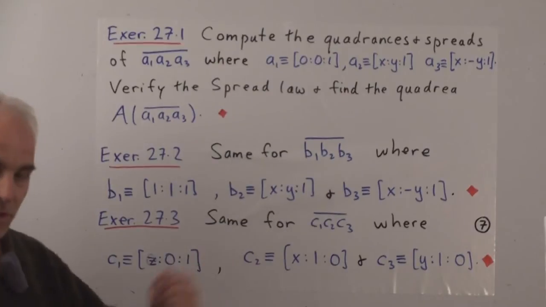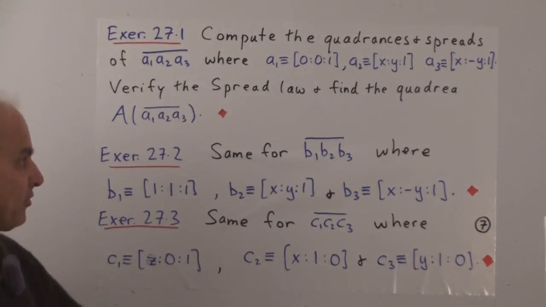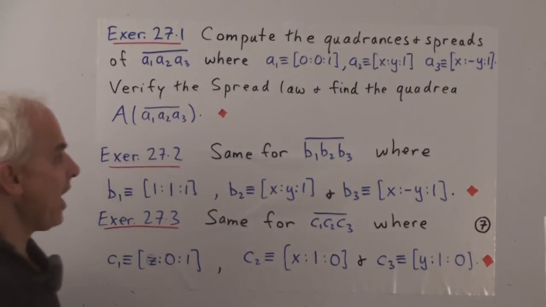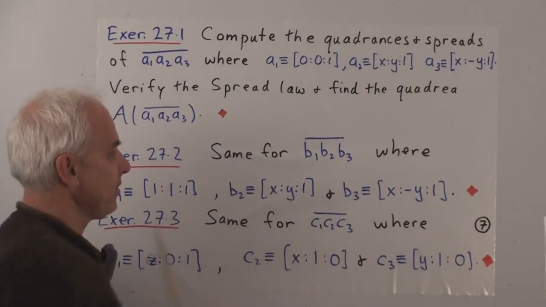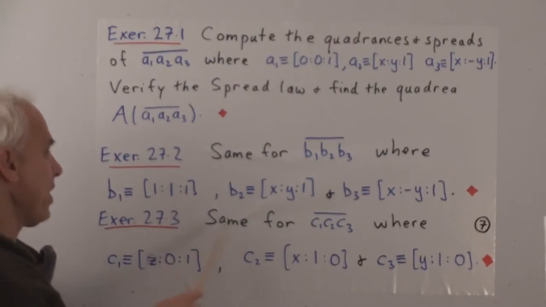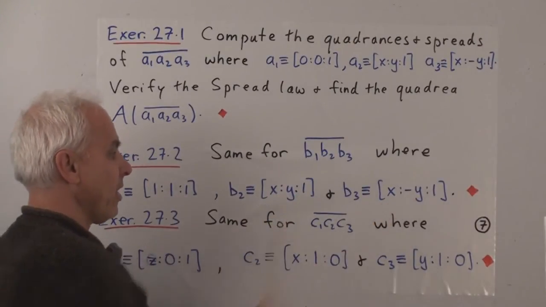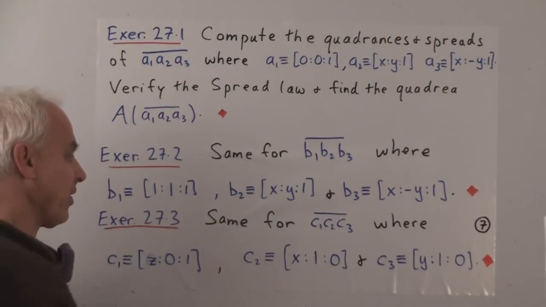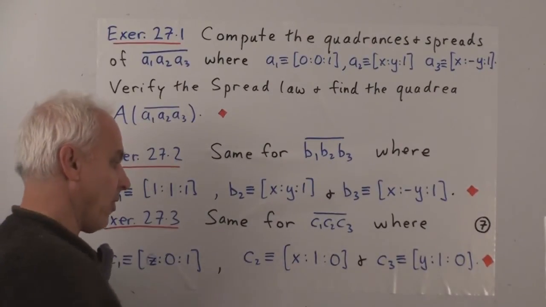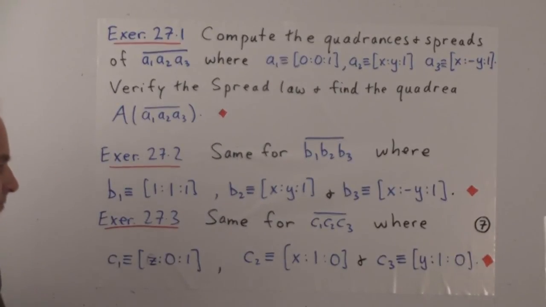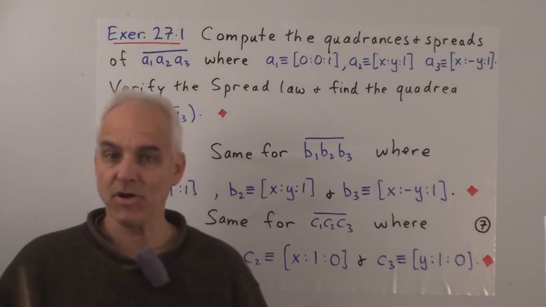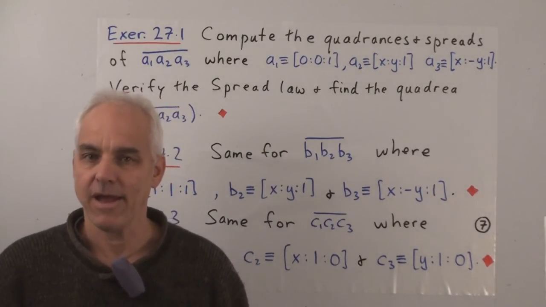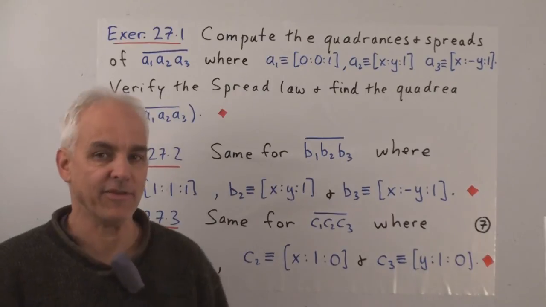In other words, check that S1 over Q1 really equals S2 over Q2 really equals S3 over Q3, and find the quadria of the triangle. Same kind of thing for this triangle, 1, 1, 1, x, y1, x minus y1. And same for this triangle, which not only has some x's and y's in it, but also a z. Practice doing some algebra, computing quadrances algebraically, and getting some confidence that these laws really do work.